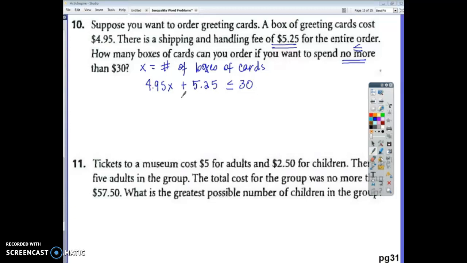So what you're going to do is subtract $5.25 from both sides. And you get 4.95X is less than or equal to 30 minus 5.25, which gives me $24.75. And then I divide both sides by $4.95.